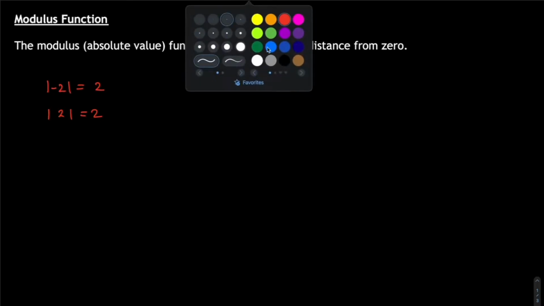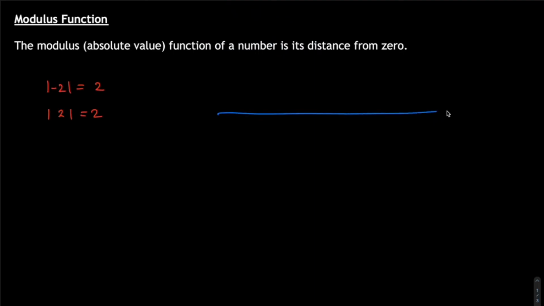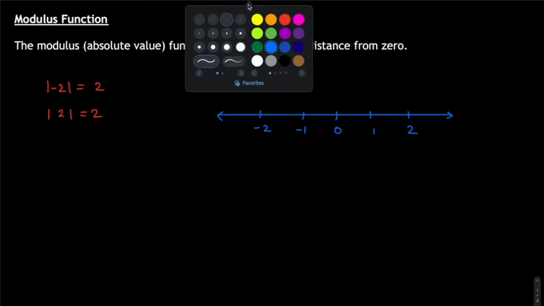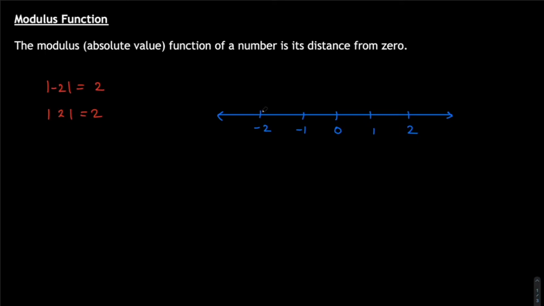So let me draw a number line here to make it a little more clear. These are my arrows. I have 0 here, 1 and 2, and -1 and -2. Now I know -2 is right here.